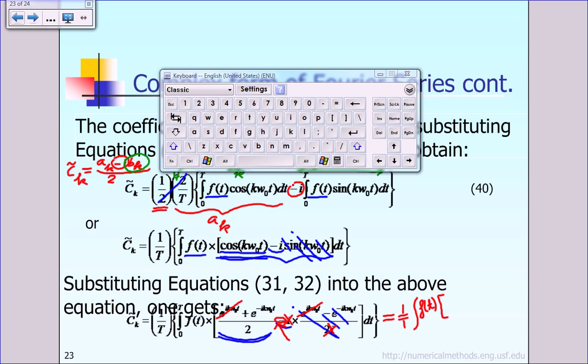So it becomes 2e raised to the power minus i k omega naught t, and then divide by 2, divide by 2. So these two cancel out. So all you have is this term, which is the definition of the coefficient ck tilde.